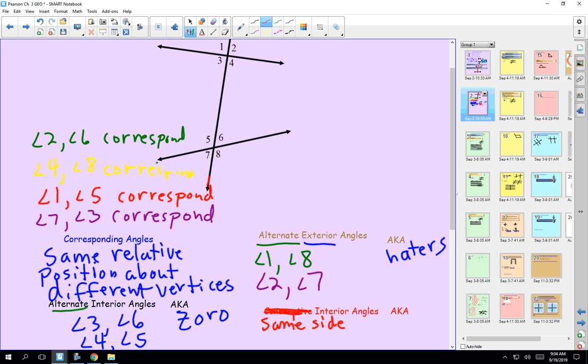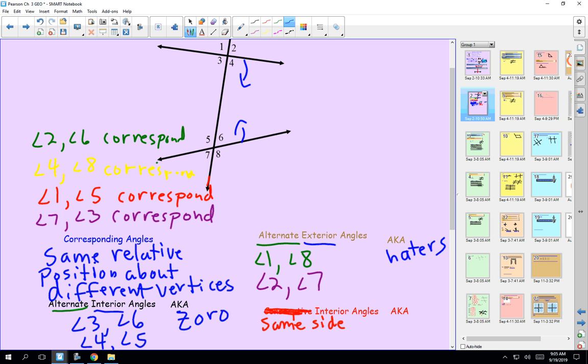What would be the definition for the interior? Interior means inside or in between. So interior is inside or in between the two lines. This is the single line cutting through both of these.